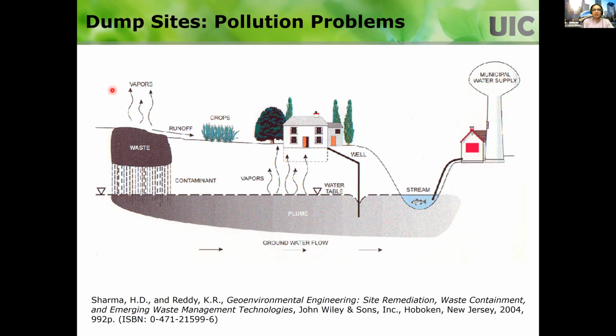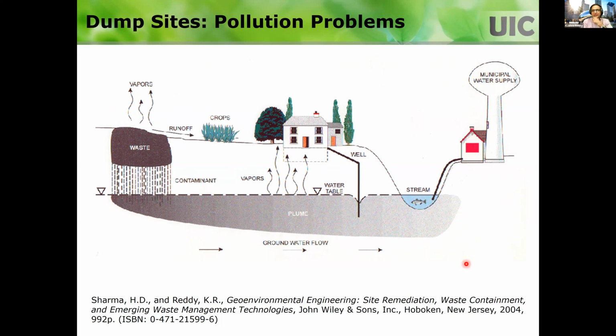Even the rainwater that goes as a runoff could contaminate the nearby crops, nearby houses, and so forth. So there are a lot of things that you don't even see. They are going to cause a lot of problems.